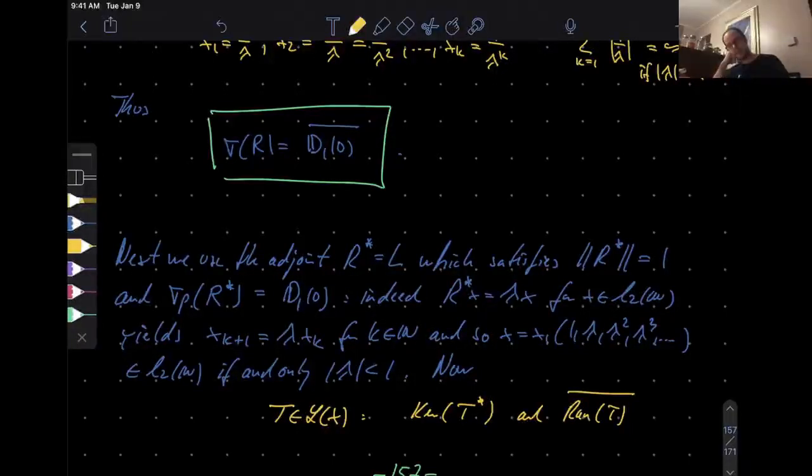This was, let's see, this we had up front: these two equations about how the kernel of the adjoint is related to the orthogonal complement of the range and vice versa.